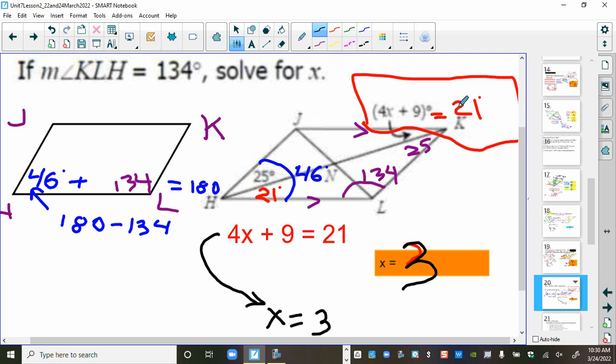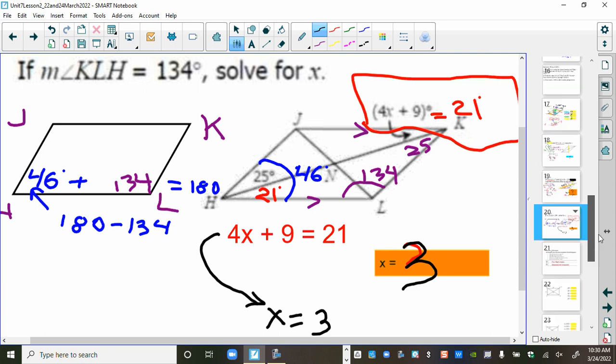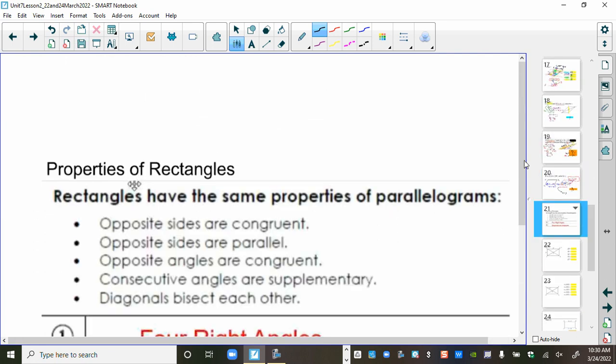You all remember alternate interior, supplementary, linear pair, consecutive interior. They're all coming back with a vengeance. All right, here we go. All right, the new stuff.